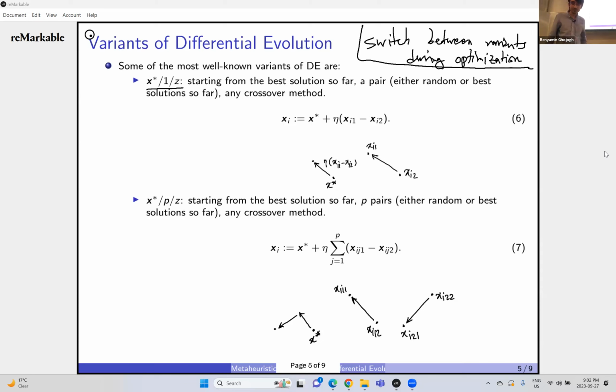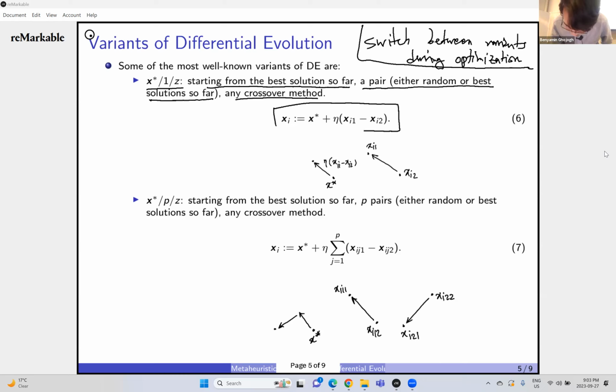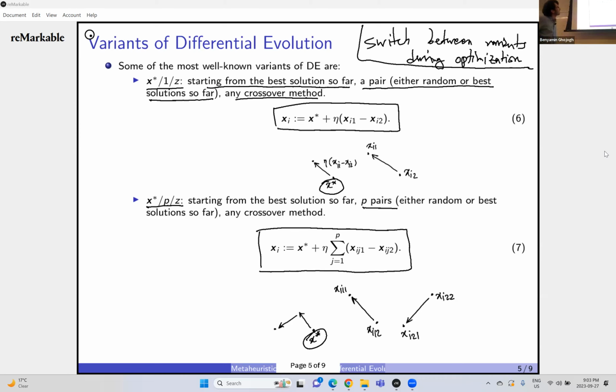It starts from the best solution found so far, 1 pair, either random or best solutions so far, and any crossover method. So the difference here is that it's X star this time. Or we can have X star/P/Z, so P pairs starting from X star, like this equation. Here you see these are X star.